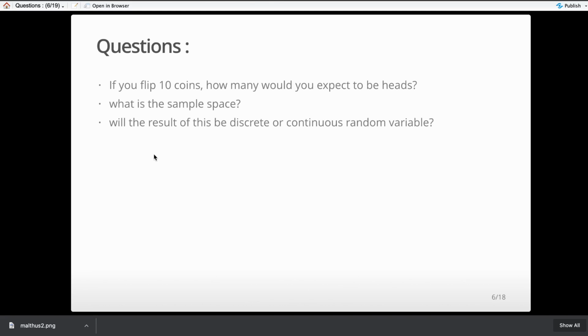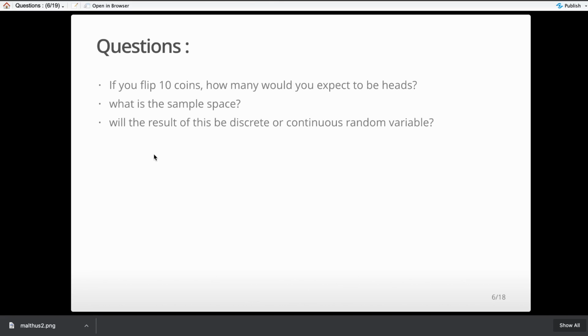It's the possible outcomes. Will the result be a discrete or a continuous random variable? We'll see. The outcomes can be 1 heads, 2 heads, 3 heads. You have a continuous random variable if between any 2 results, there is another option in between those 2, right?